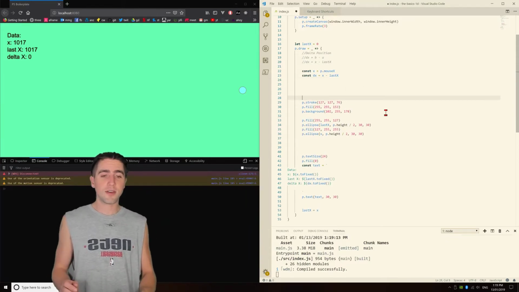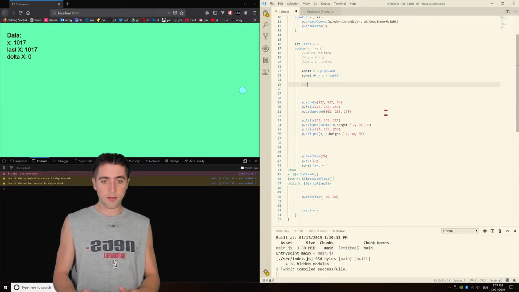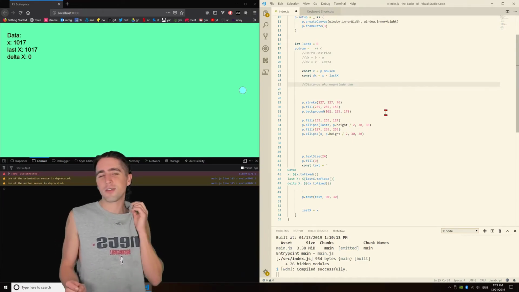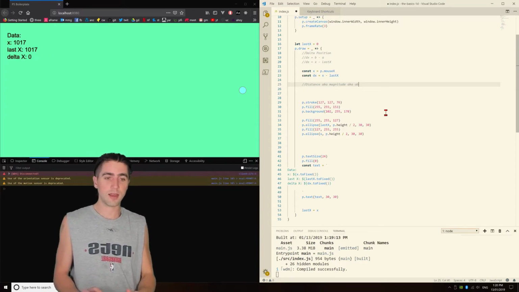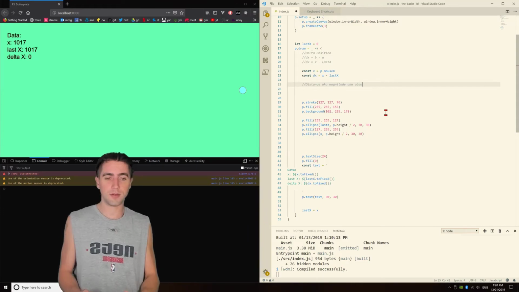Distance is fairly straightforward. We go ahead and write that in. Distance is also known as magnitude when we're talking about vectors. And because we're talking about a single number, you could also think of it as simply the absolute value of that single number. So we just say ABS or absolute.